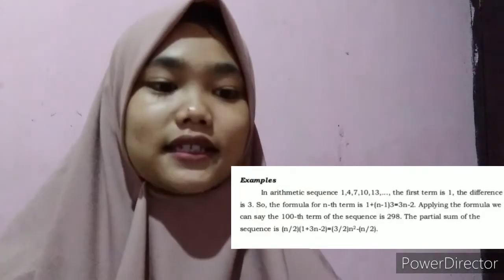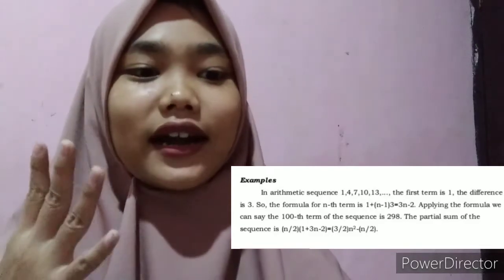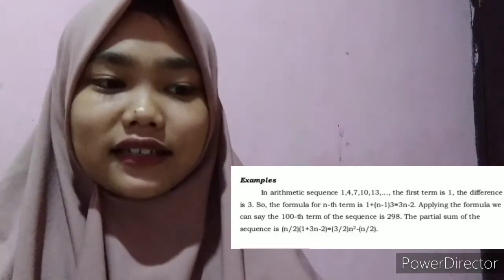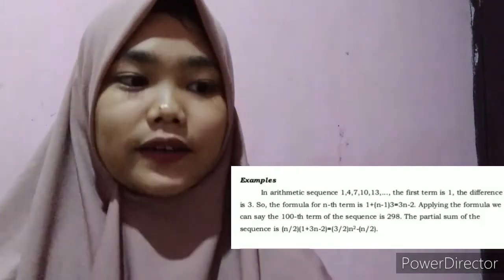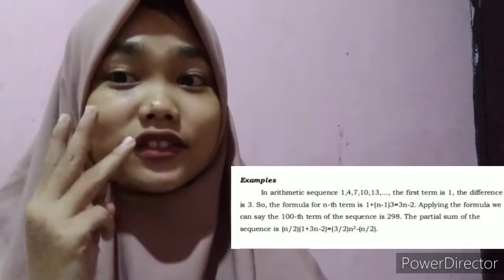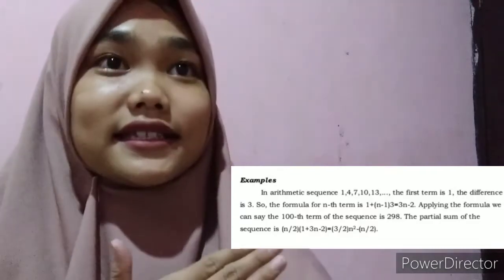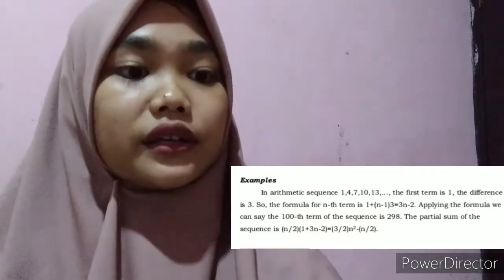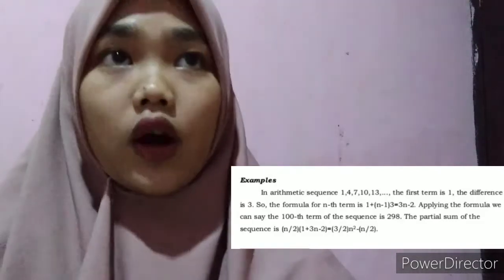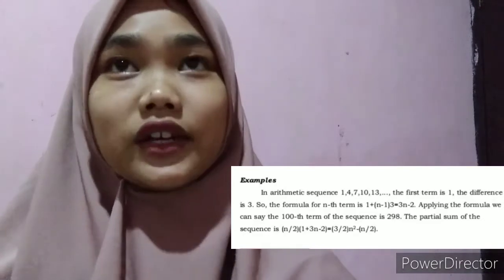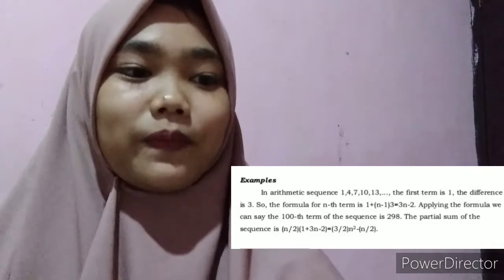For example, in the arithmetic sequence 1, 4, 7, 10, 13, the first term is 1. The difference is 3. So, the formula for the nth term is 1 plus (n minus 1) times 3, which is equal to 3n minus 2.